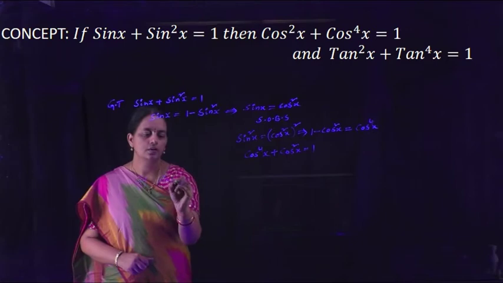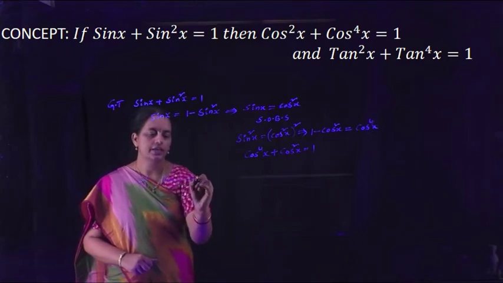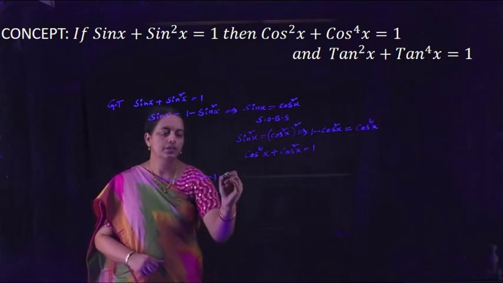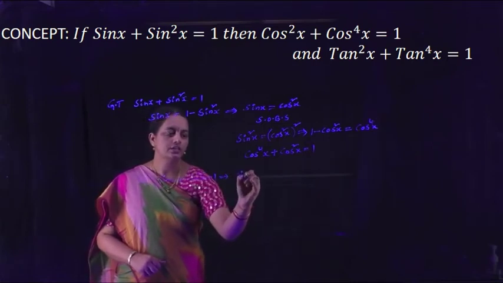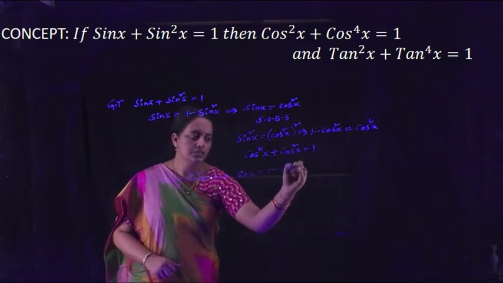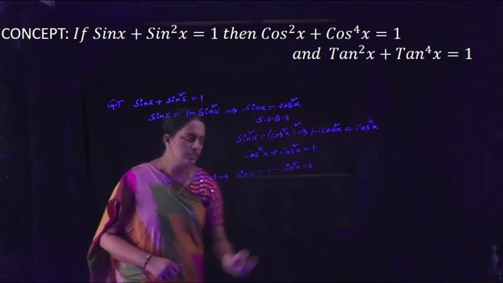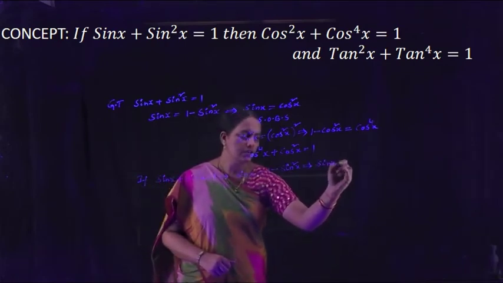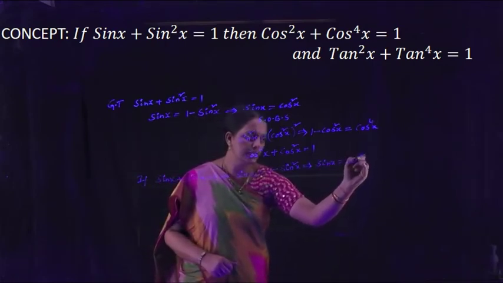Sin x plus sin square x is equal to 1. From this we can write sin x is equal to 1 minus sin square x, that means cos square x. So sin x is equal to cos square x.